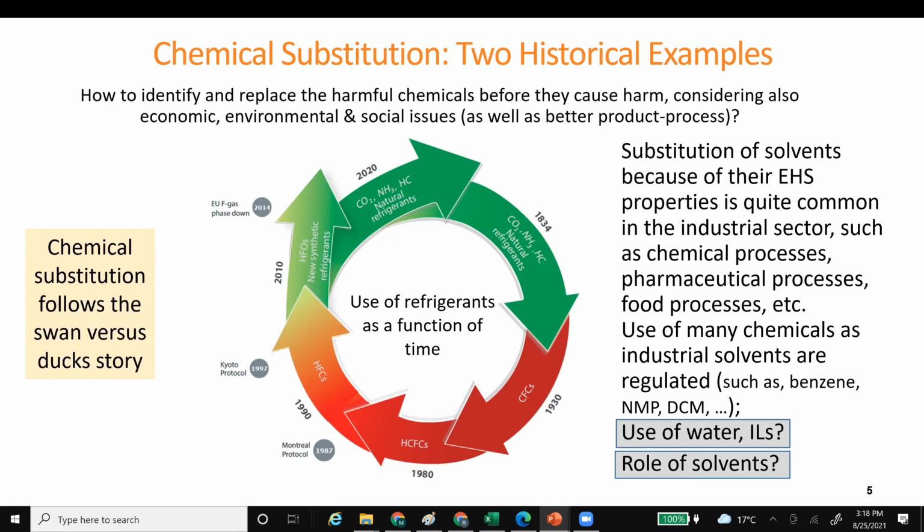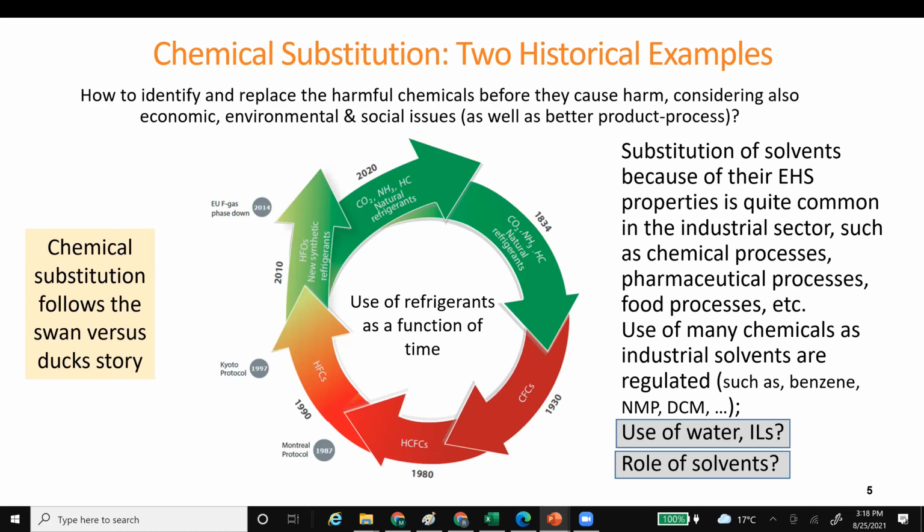So solvents are a good example also, and many times you find one replacement solvent which seems to work in many cases, but then when you expand the analysis horizon, you see that they have problems. Also, green chemistry, which we will talk about later, says that we should not use organic solvents and we should use water. But water does not dissolve, I would say, maybe 50% of the organic chemicals. So we are limited in where water could be used.